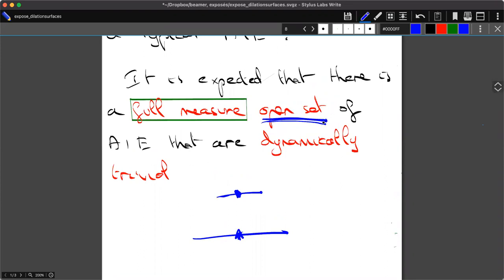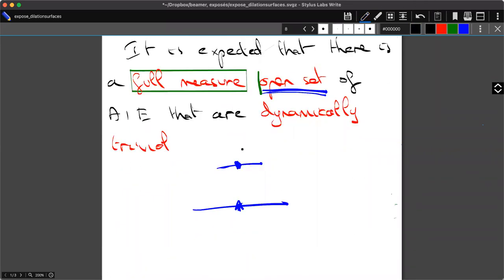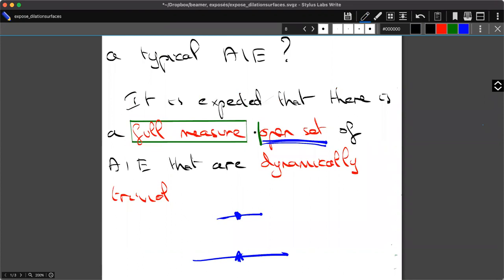But this is actually a theorem. The important part of the question is the full measure aspect. The openness is already known. Sorry, I shouldn't maybe have pointed it out. The real question is about the full measure of this application. So is it clear, or do you have any question?